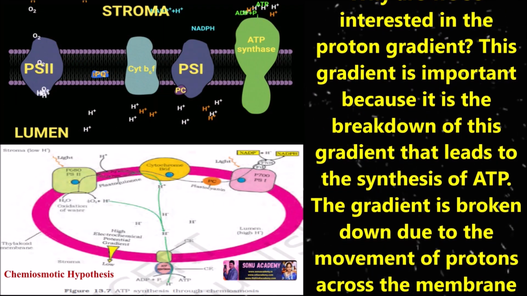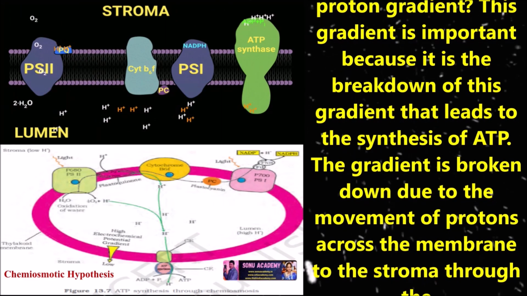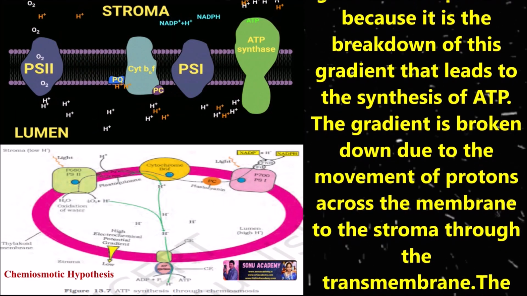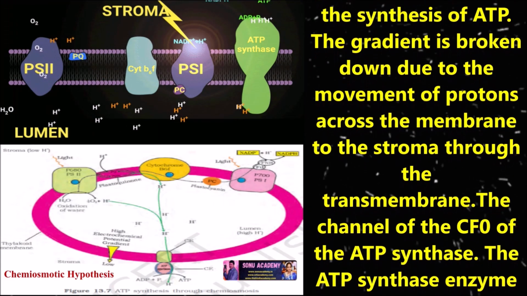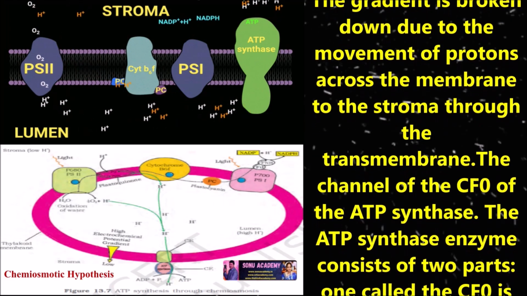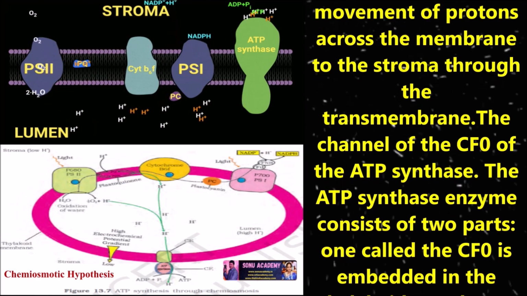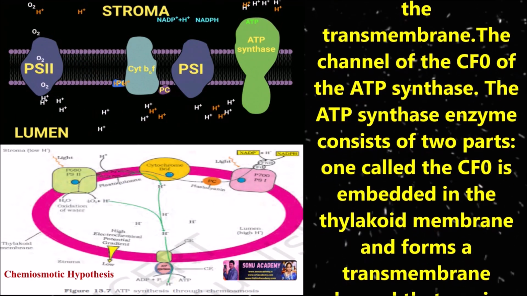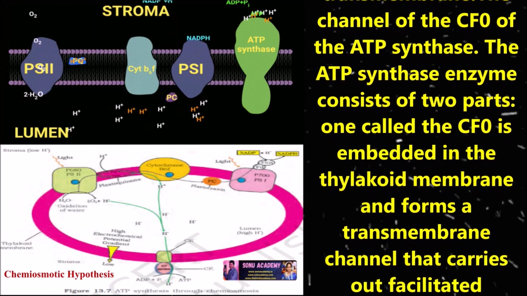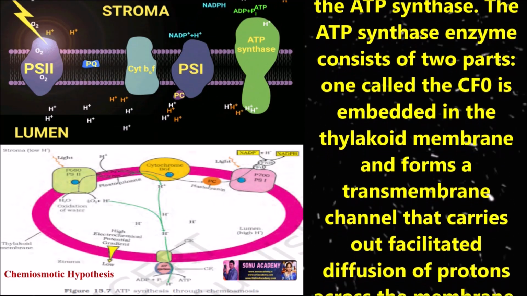The ATP synthase enzyme consists of two parts, one called CF0 is embedded in the thylakoid membrane and forms the transmembrane channel.